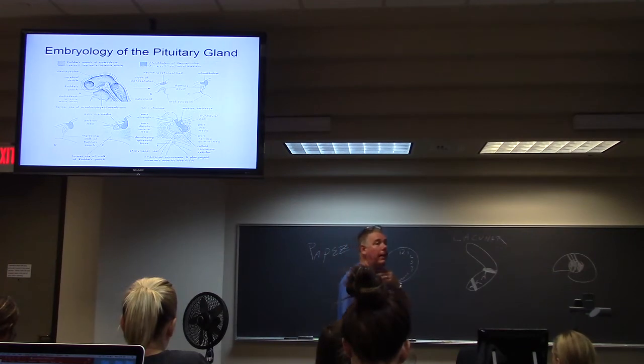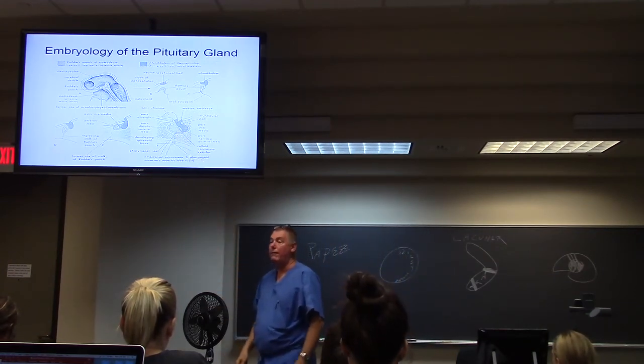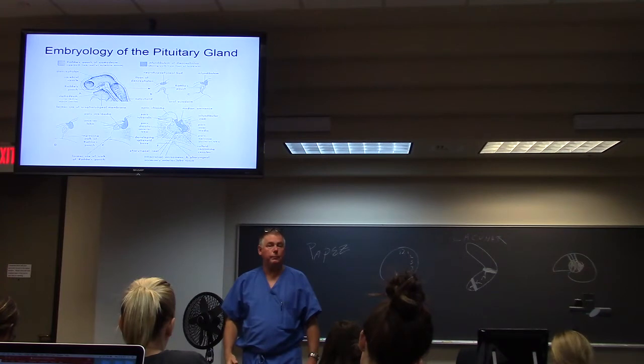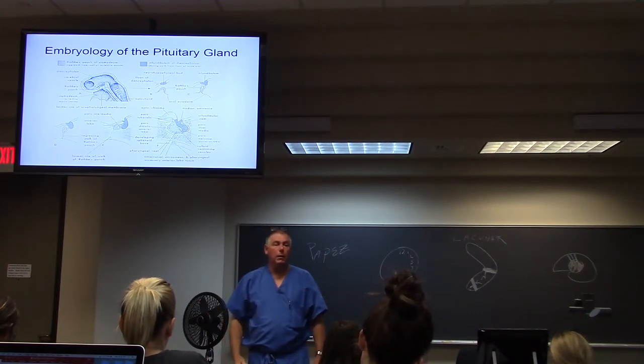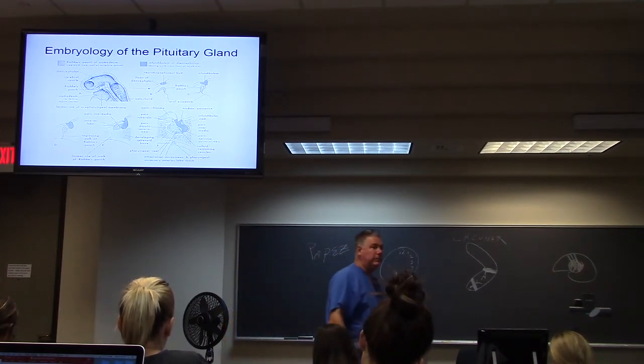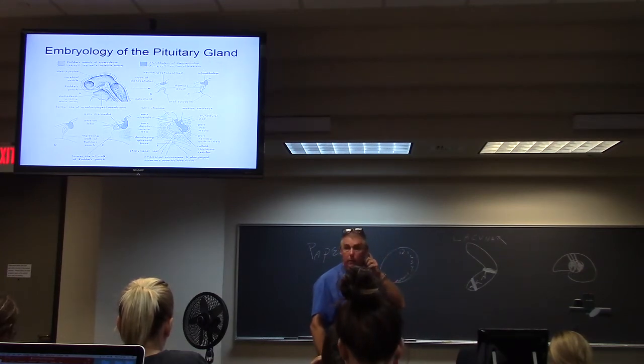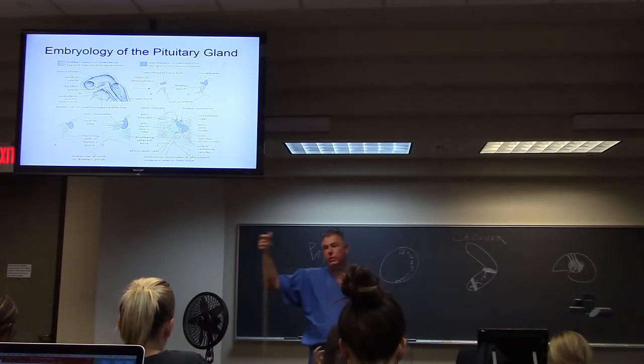And if it's an intact duct to the anterior pituitary, you're going to have anterior pituitary hormones draining into the roof of your mouth. That would be exceptionally rare. I've never seen it, but it could happen. So Rathke's pouch versus the neurohypophysis.